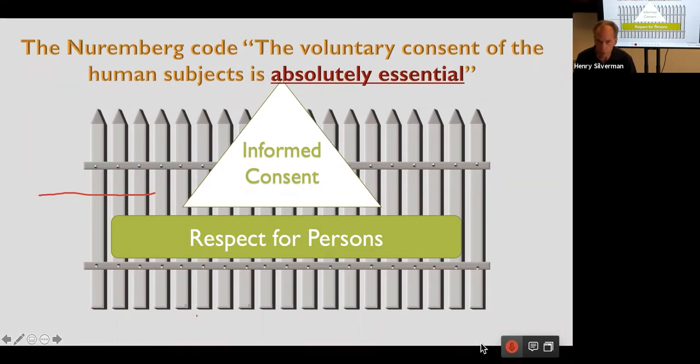So based on the Nuremberg Code, we would not be able to waive the consent. Also, we would not be able to enroll people with mental illness or children in protocols because we can't get informed consent from those individuals.